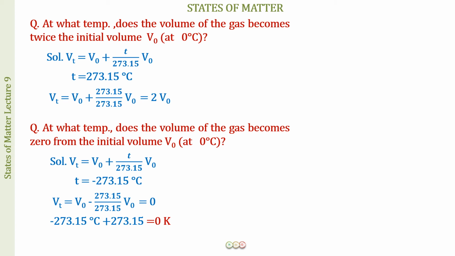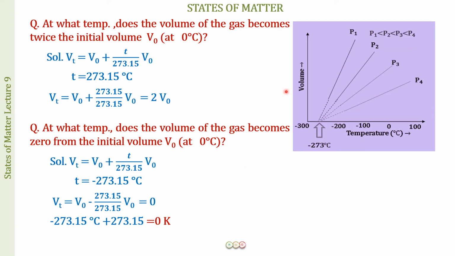So we can define the zero of the Kelvin scale or the absolute temperature scale from this, that it is the lowest temperature on the Kelvin scale where the volume of the gas is going to become zero. I will be putting up the definition onto one of the slides also, but I hope you can understand this. Fine. Now let us move on to the graph for Charles law.